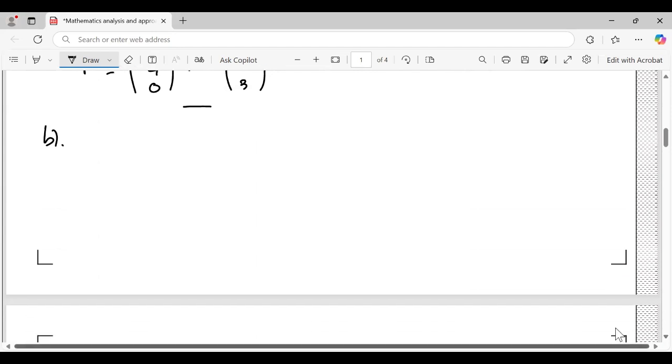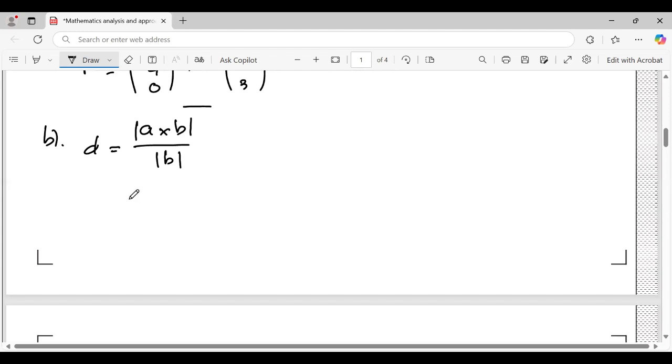The formula for the minimum distance, I will use this formula: distance equals modulus of A cross B divided by modulus of B. Okay.